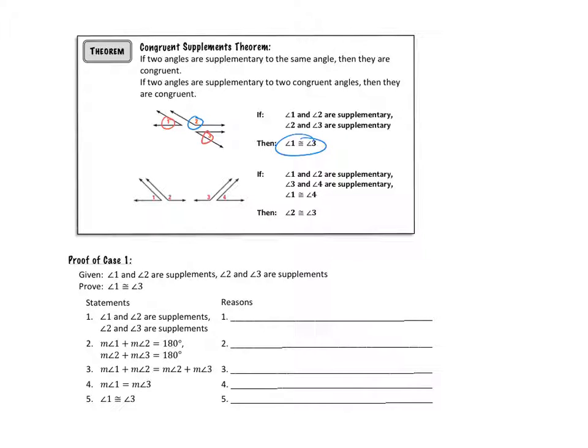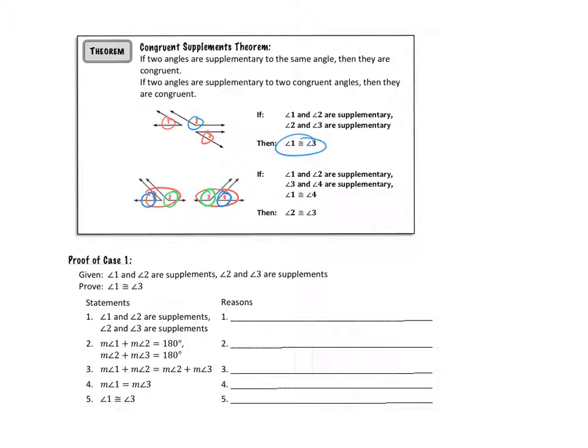But we can also say another way, if 1 and 2 are supplementary and 3 and 4 are supplementary, and angle 1 is congruent to angle 4, then I know, again, a little bit through common sense, but maybe a few more steps, that angle 2 must be congruent to angle 3. We'll prove case 2 for complements instead of supplements.